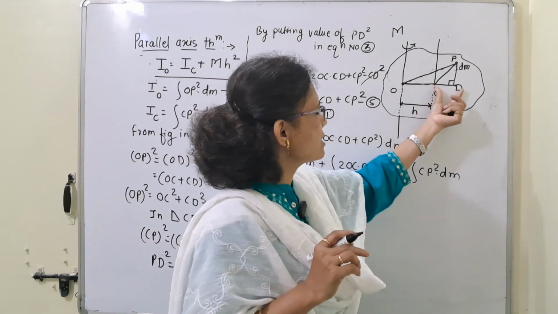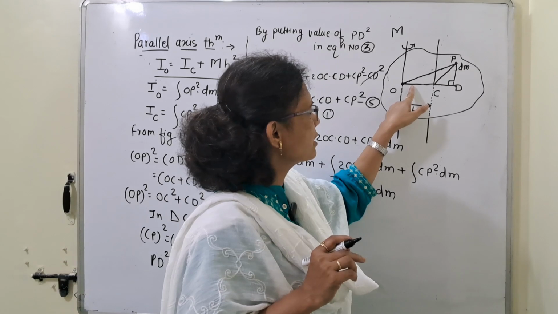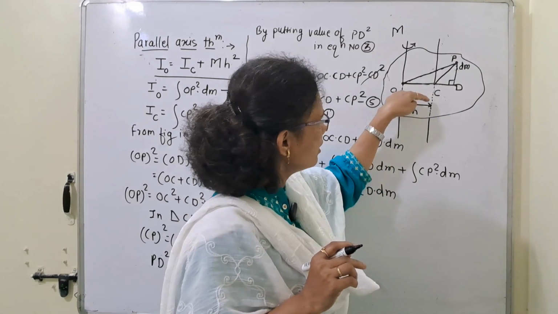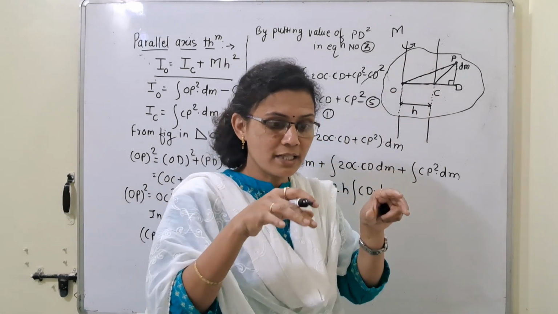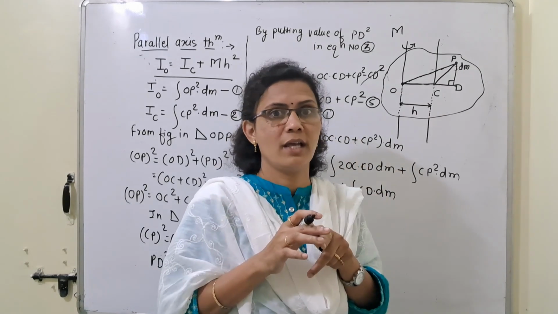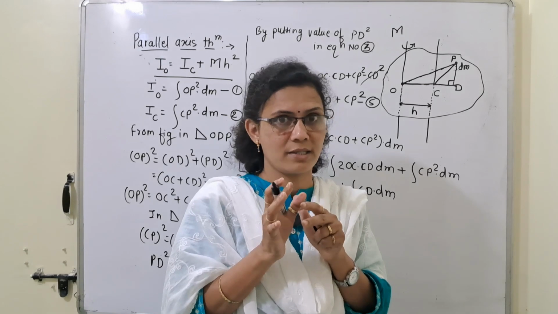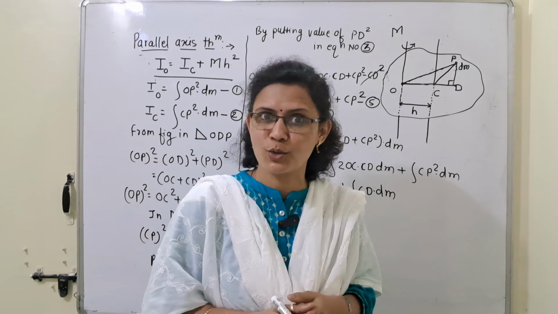I can consider this CD, and in a similar way I will consider the same point on this left side. Downward, upward, left, right, on all these sides, that distance distribution will be the same if I consider all the points. And we know the definition of center of mass: the point at which the whole mass of the body is supposed to be concentrated.